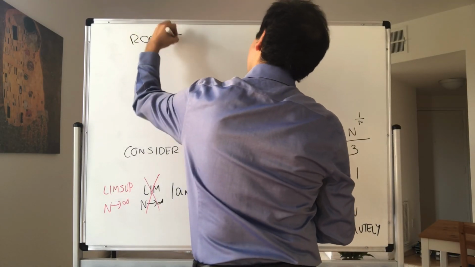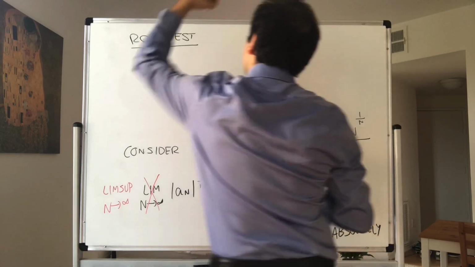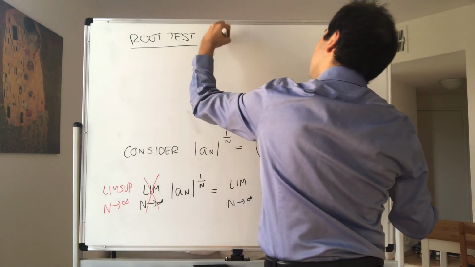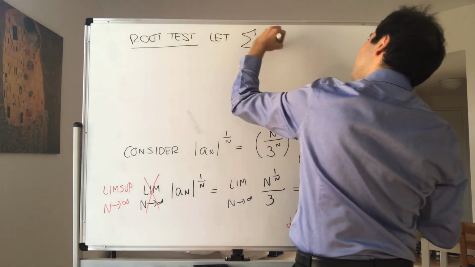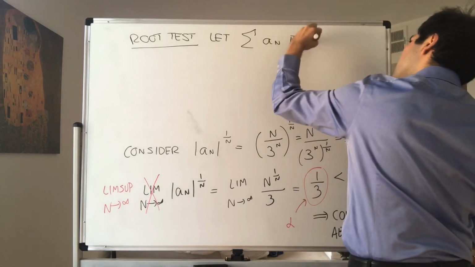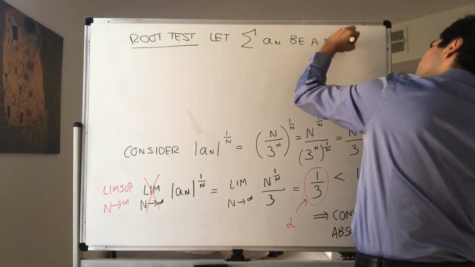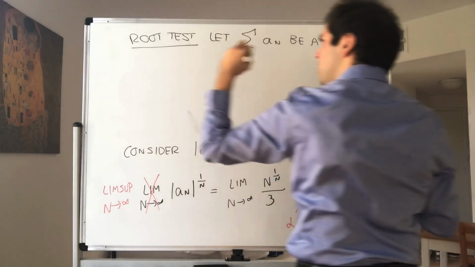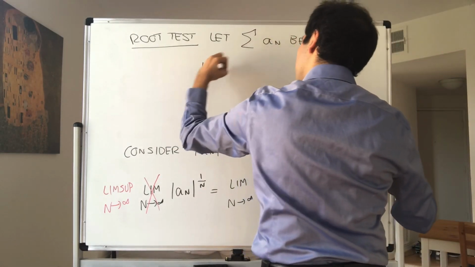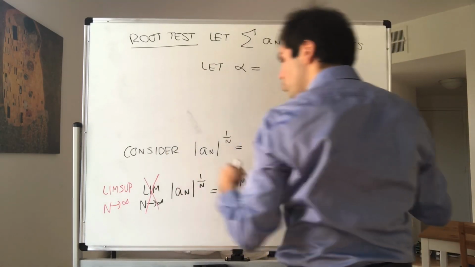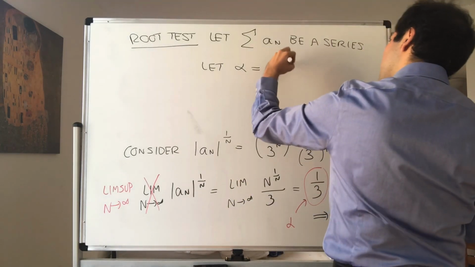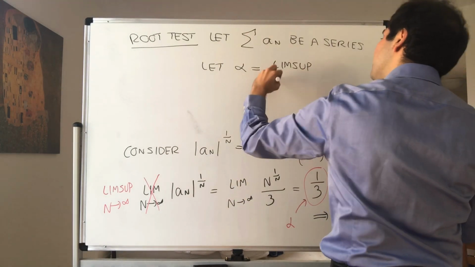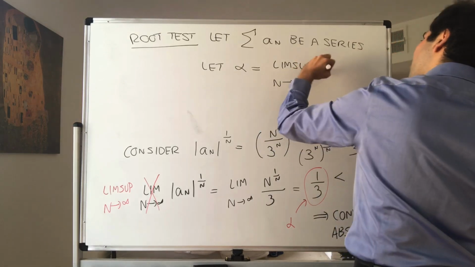So, root test, again, let this thing be a series, and let alpha again be the lim sup as n goes to infinity of the nth root of a_n.